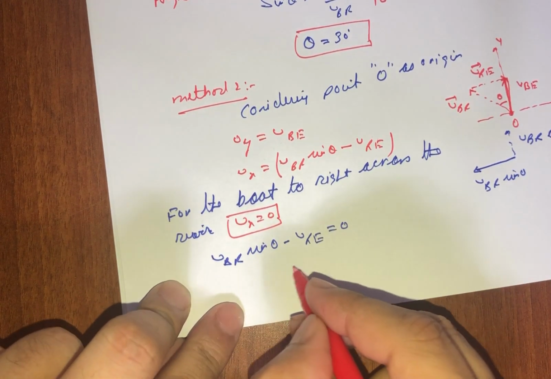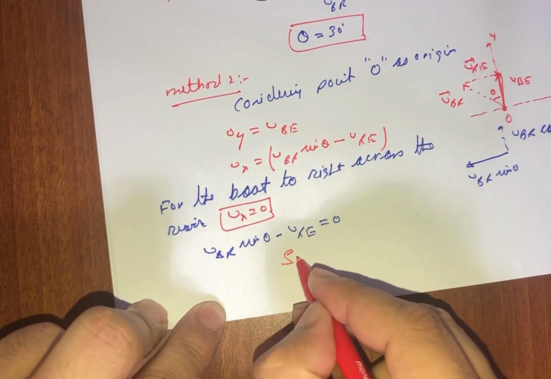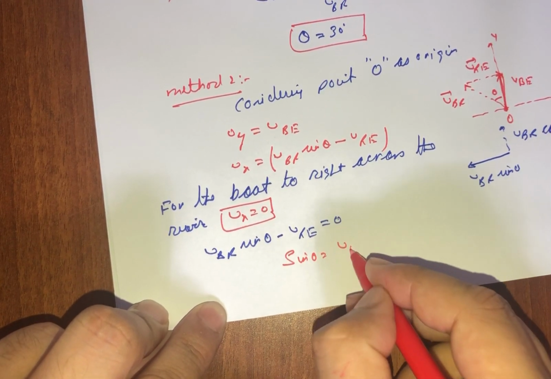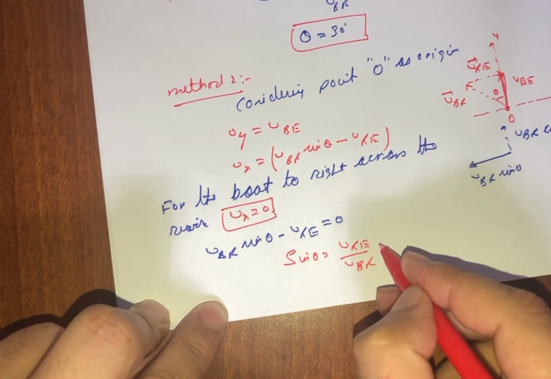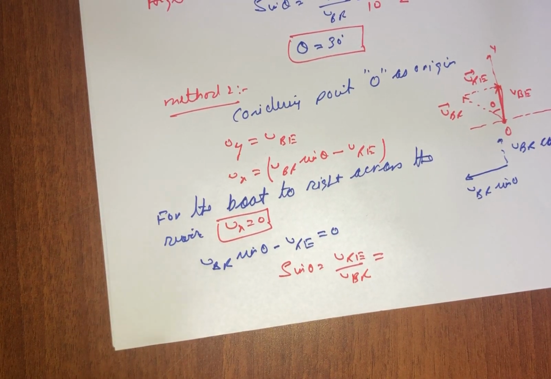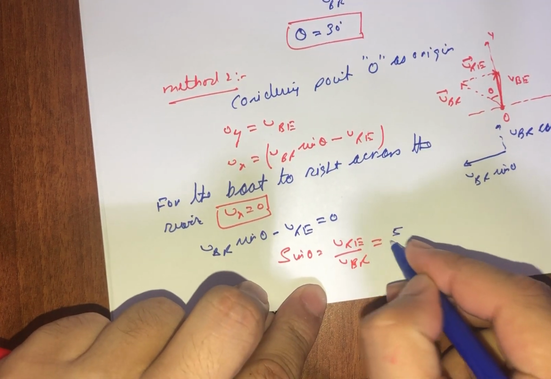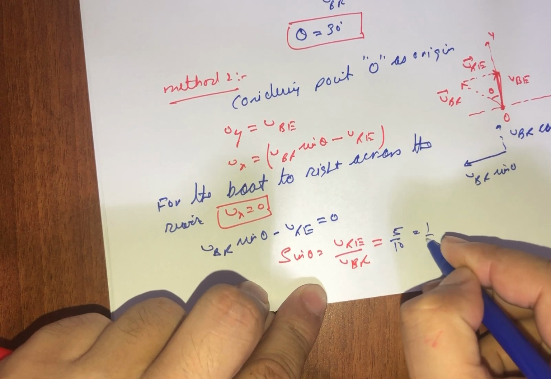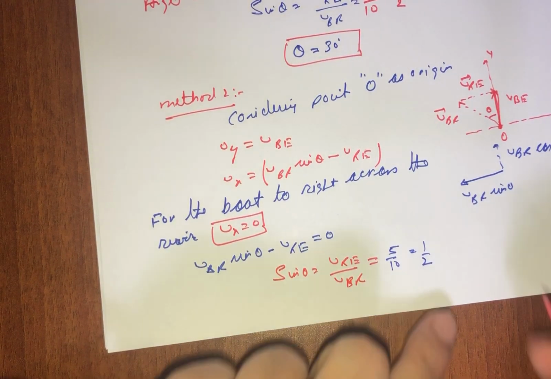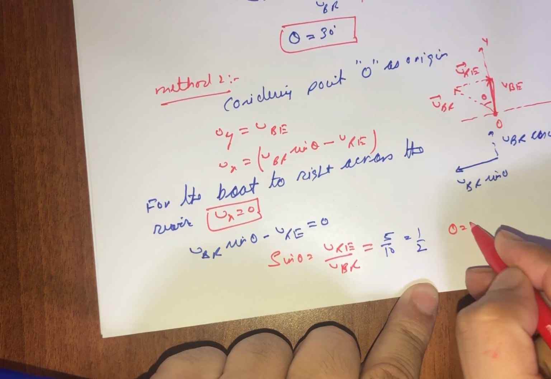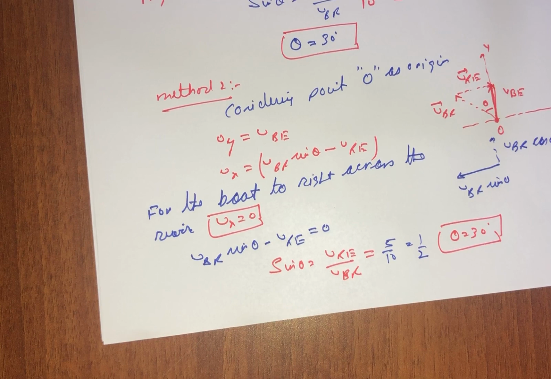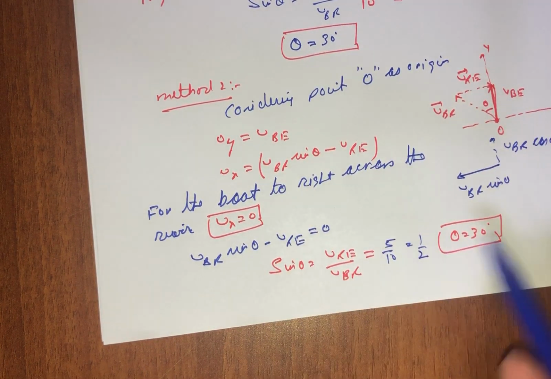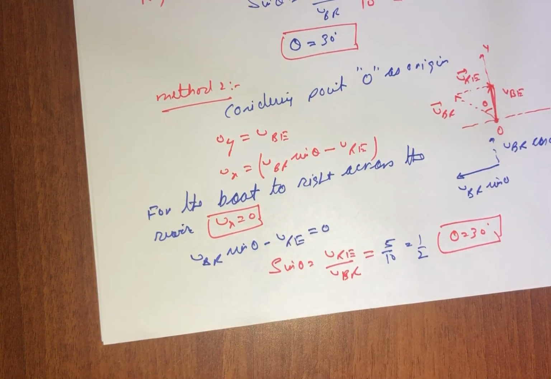From here, sine of theta will be equal to VRE divided by VBR, which is once again 5 by 10, equal to 1 by 2, or theta is the same 30 degrees. So we can find out the angle by using two methods, and theta is coming the same in both the cases. Thank you.